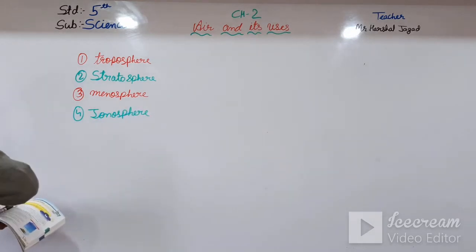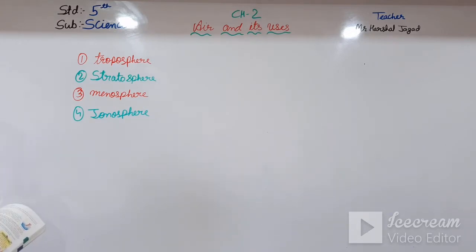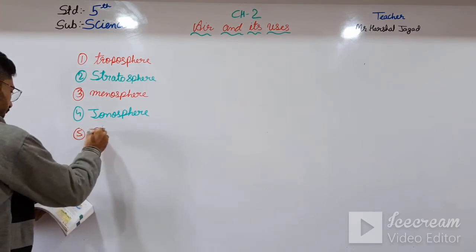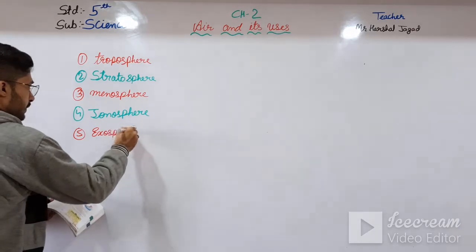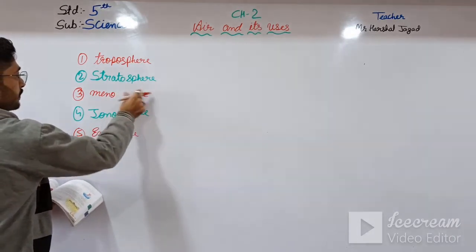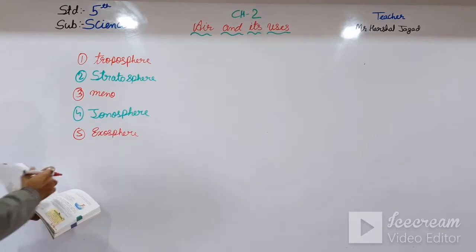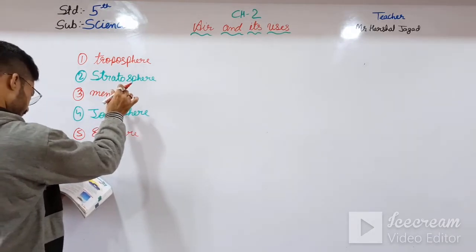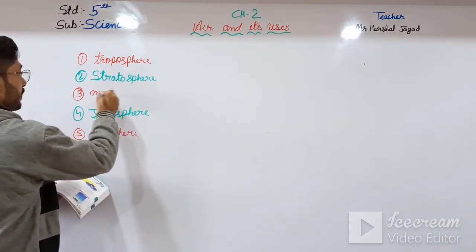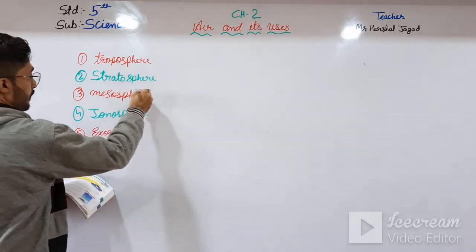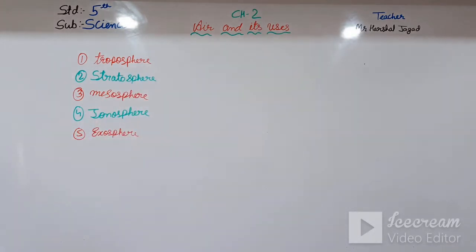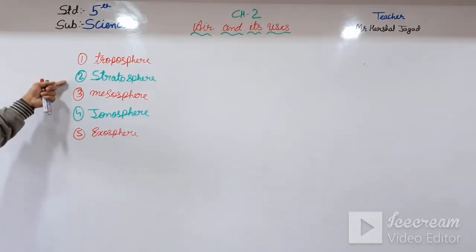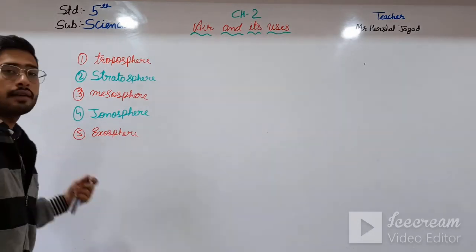And fifth and the last one was exosphere. Okay, so these are the 5 layers of atmosphere: troposphere, stratosphere, mesosphere, ionosphere and exosphere.